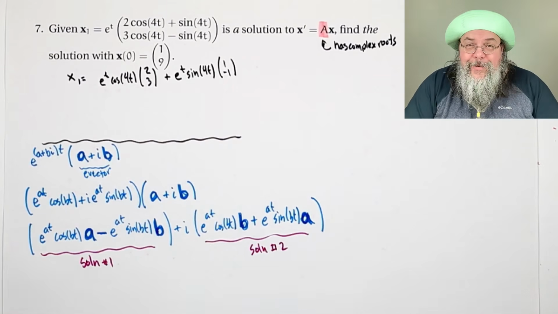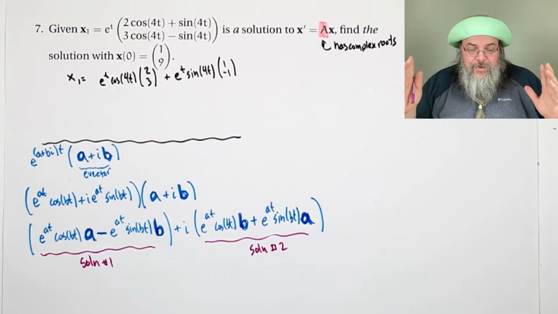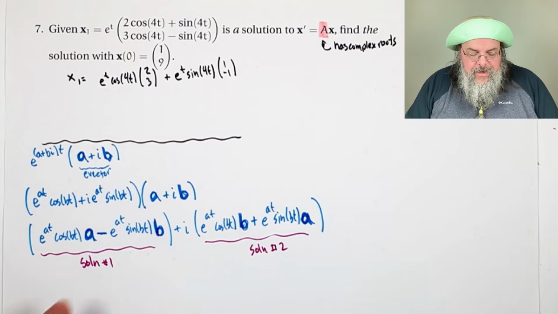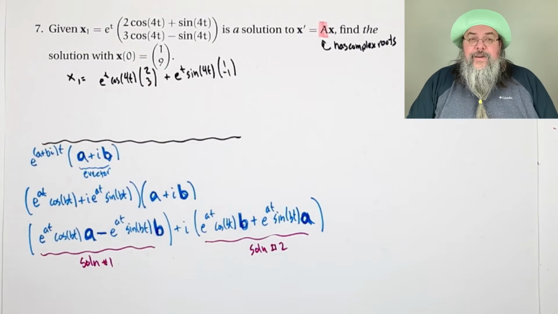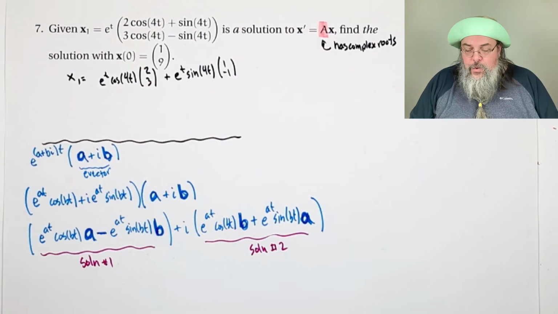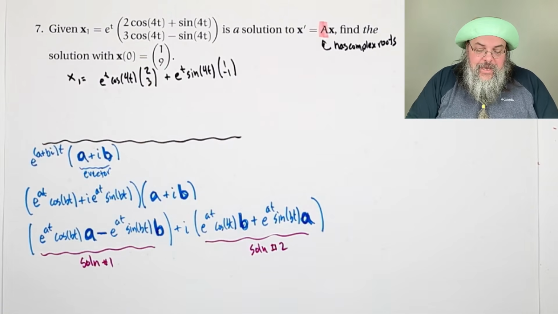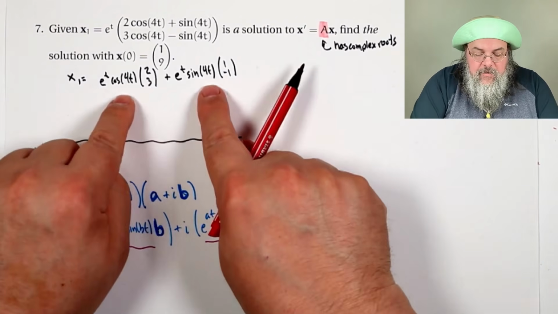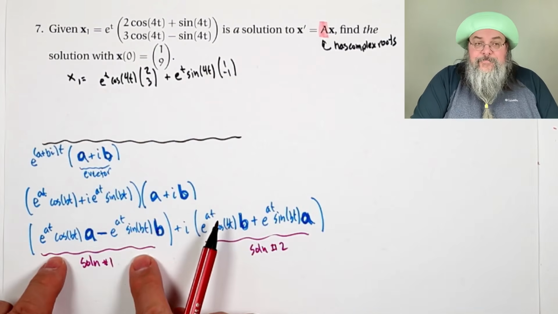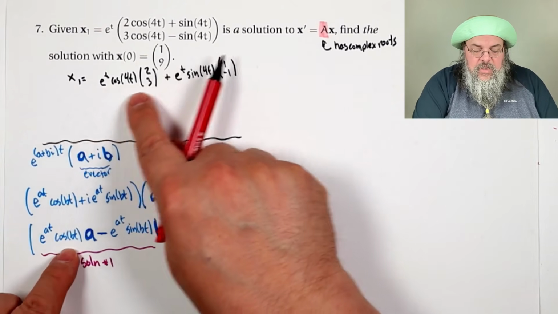Now, what do we do? Well, we say, gosh, this looks a lot like that. And so we're like, oh, let's use that. So if we did that, let's update this. I want to make this match that. So we have e to the at cosine bt times a.